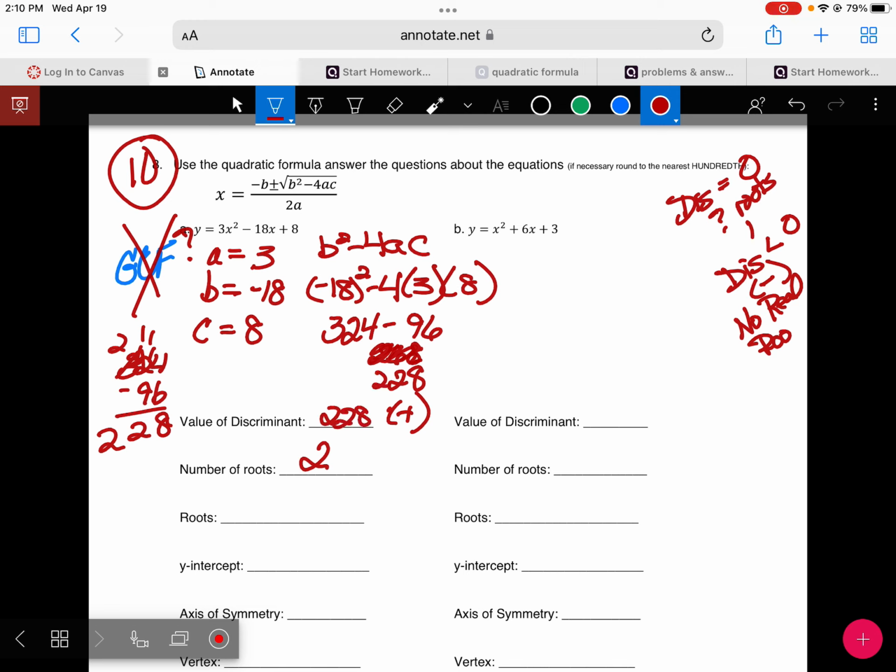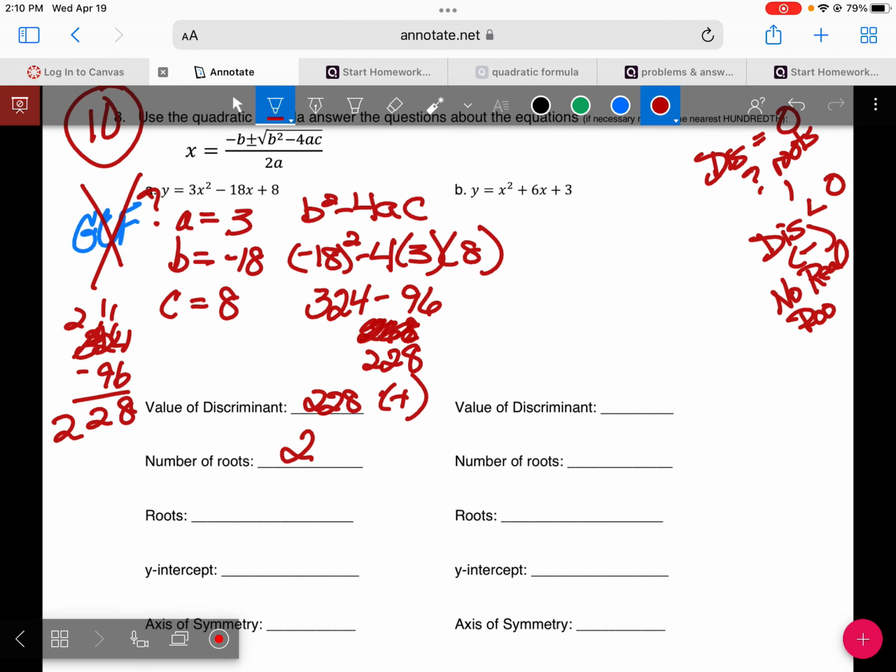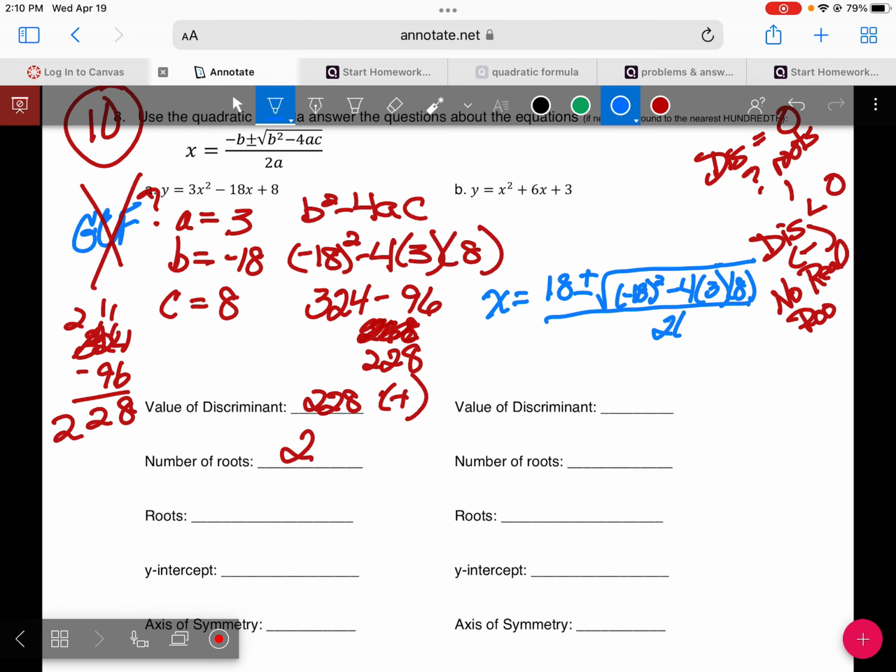228. Okay. Then it says we need to use the quadratic formula again. So we put all of this in. X equals the opposite of b. If b is negative 18, it's going to be positive 18 plus or minus the square root of b squared, negative 18 quantity squared, minus 4 times a, which is 3, times c, which is 8, all divided by 2 times a, which is 3.